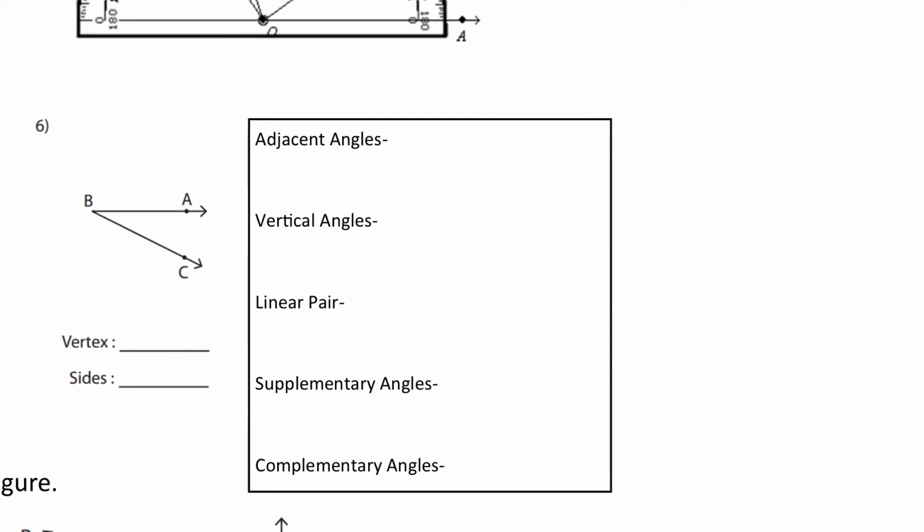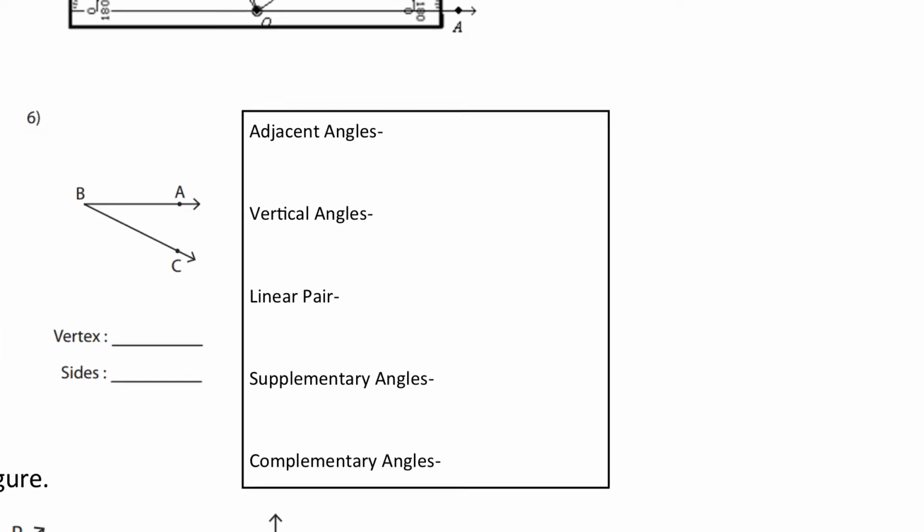Okay, so what's up with adjacent angles? They share a side and a vertex, and they don't have any common interior points. It's got to be next to it, can't be inside of it. Okay, vertical angles. What's up with vertical angles?